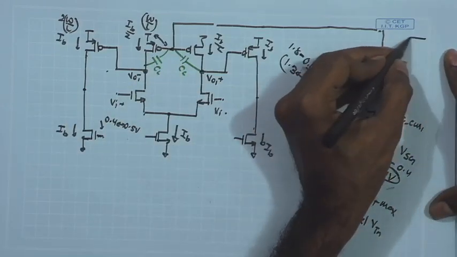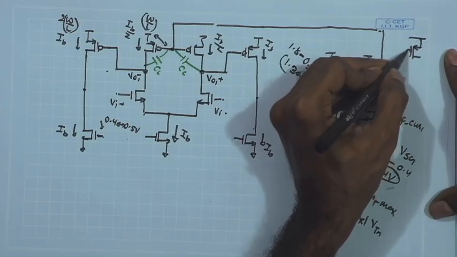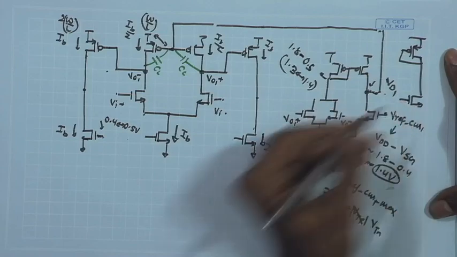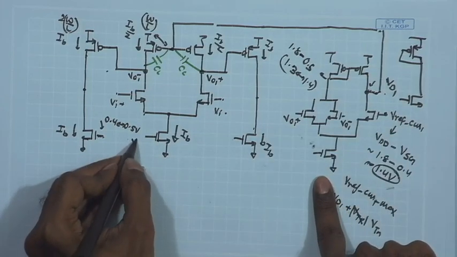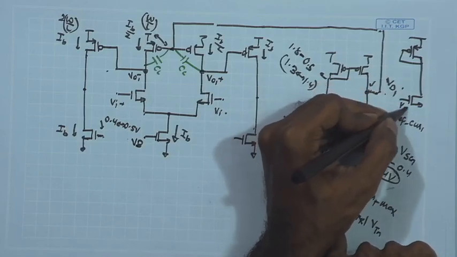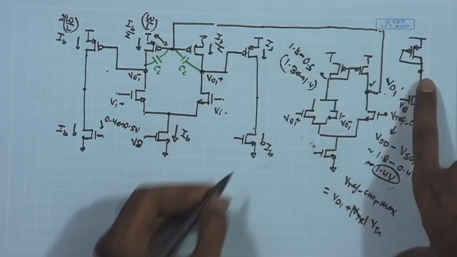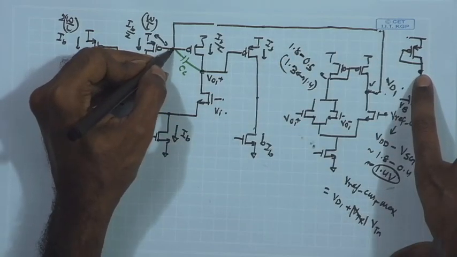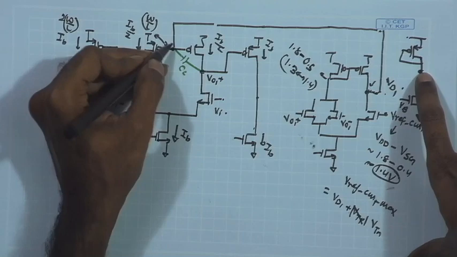I can use a direct connected PMOS and apply the same reference VB, whatever VB is coming to this tail current source, I can apply the same reference voltage VB over here, and this is going to produce a VDD minus VSG potential over here, which is going to be close to the DC potential over here.